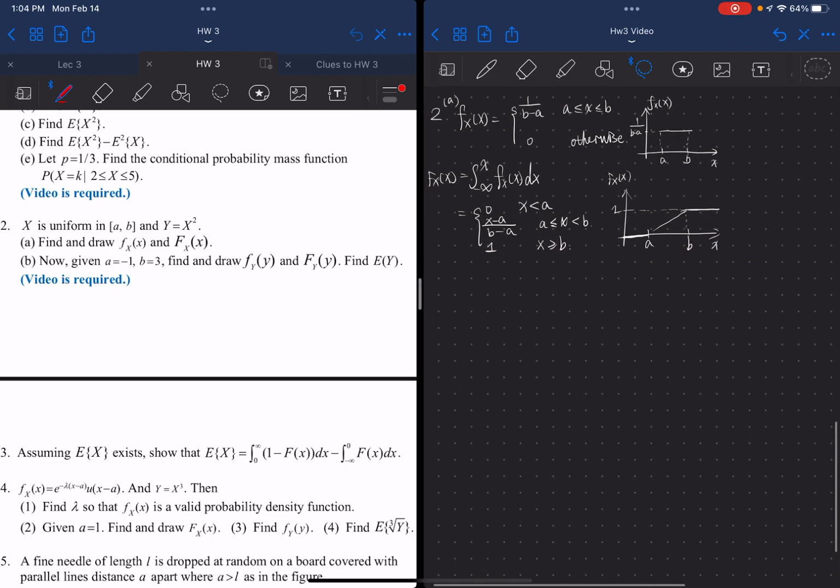For part B, now we are given that a equals minus 1 and b equals 3. So we can write the probability density function by plugging in the values of a and b. It equals 1/4 when x is from minus 1 to 3, and it is 0 otherwise.